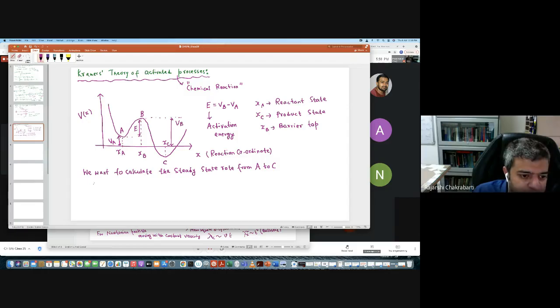So we consider, what are the assumptions? Stationary situation, so that we can calculate a steady state current at the barrier top here.